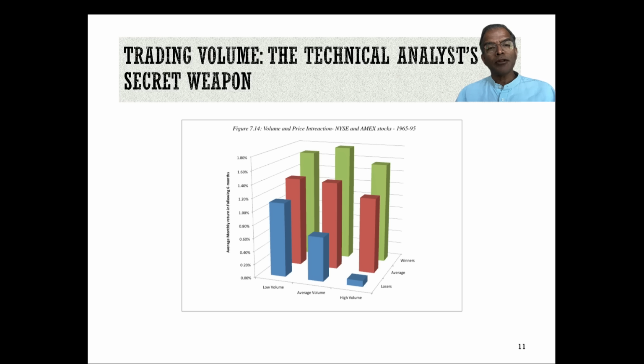But relative strength and trend lines are momentum indicators, and increasingly momentum indicators are supplemented with trading volume analysis. Here's the reason, and this is a chart we looked at earlier in this class. It's a chart that looks at how strong momentum is as a function of trading volume, and it finds that the higher the trading volume, the greater the momentum effect.